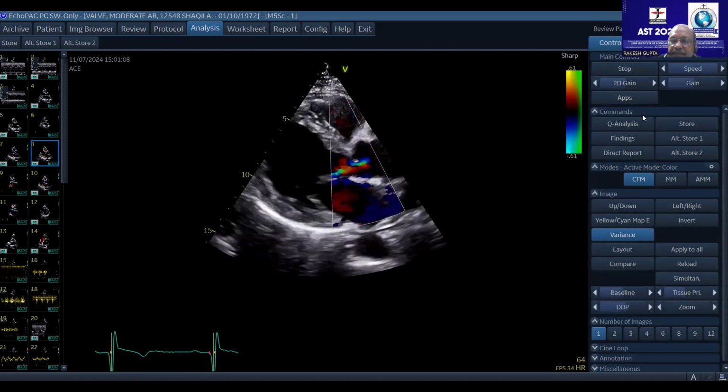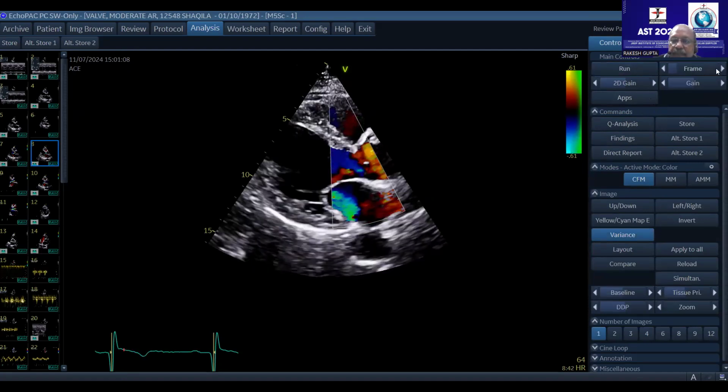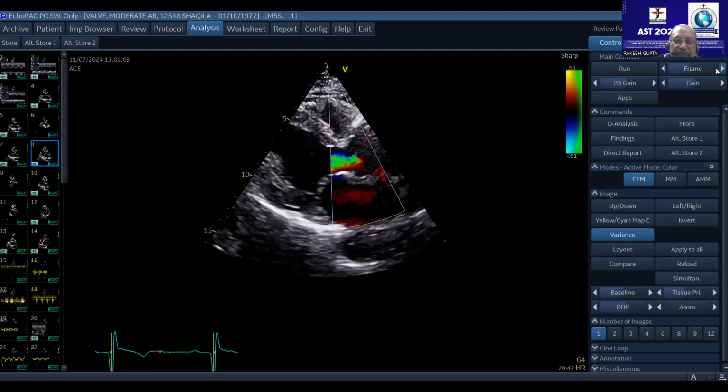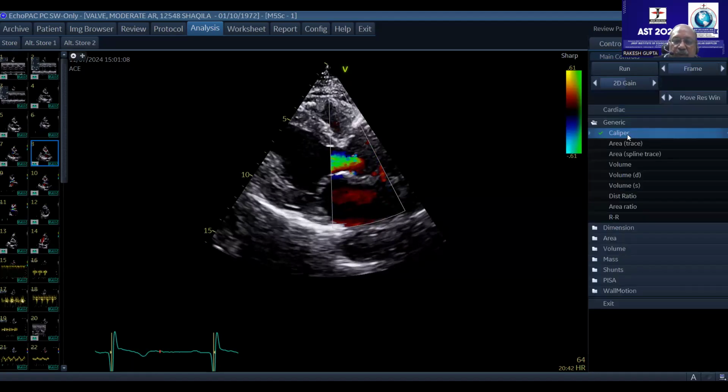Please stop frame by frame. At least I'm able to see one leaflet. Here's one leaflet. So this is now a better vena contracta I can see. So I'll measure this vena contracta. That is 0.1. That was 0.2 over there at that time. This could be 0.3, 0.4.